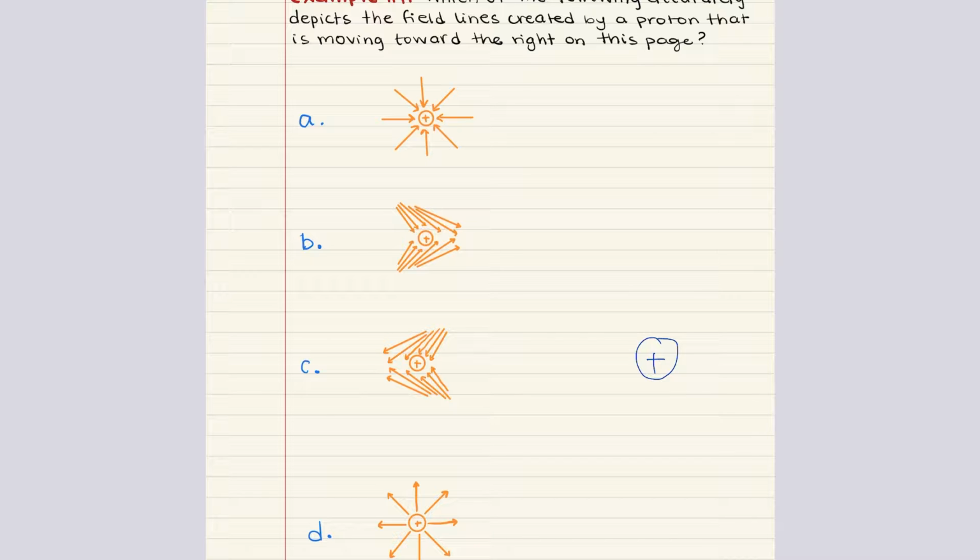And this is because field lines point in the direction a positive charge would move in that field. That is, the direction that a force would be exerted on a positive test charge in that field.